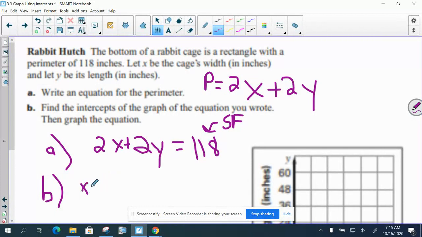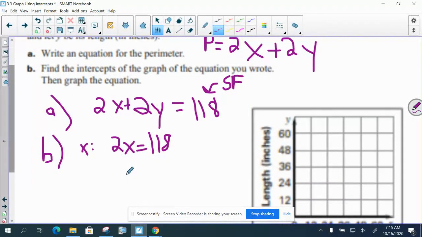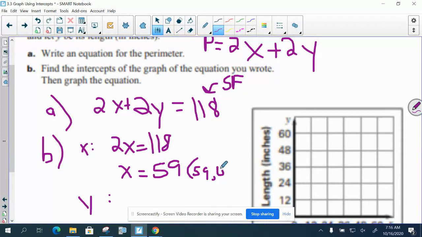For the x-intercept, you set y equal to 0, which cancels out the 2y term, and you have 2x equals 118. Divide by 2 and you get 59. We can write that as the coordinate (59, 0).